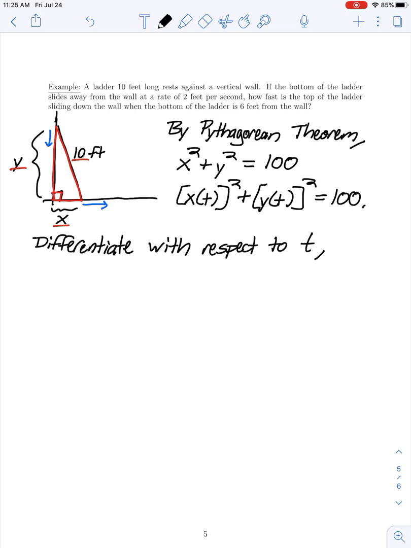So let's take a look at this. Now it's similar to our previous examples. On the left-hand side, we had x of t quantity squared. So using the chain rule to differentiate, we would have 2x of t, or just x, to the first power, and then multiplying by the derivative of the inside function, x, with respect to time, we have dx dt.